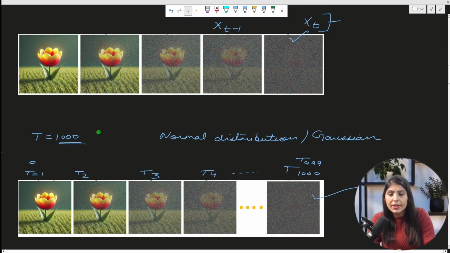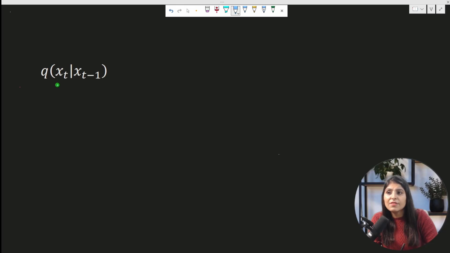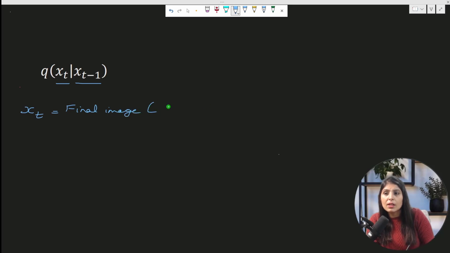Now we have the theoretical idea of how the forward diffusion process works. Now let's see the maths behind it. This is the function for the forward diffusion process. Here we have xt and xt minus 1. I have already told you what xt is. Xt means the final image, the image which is pure noise.